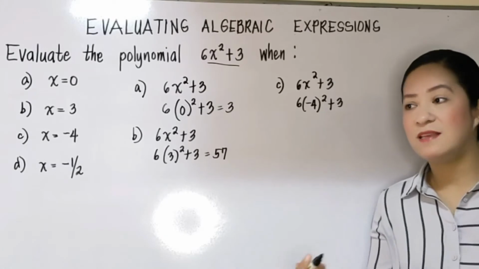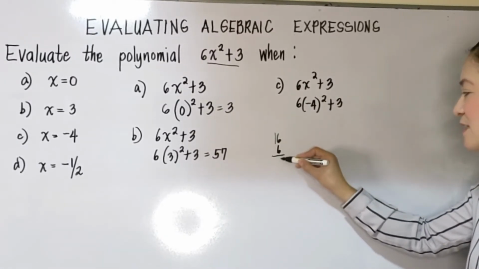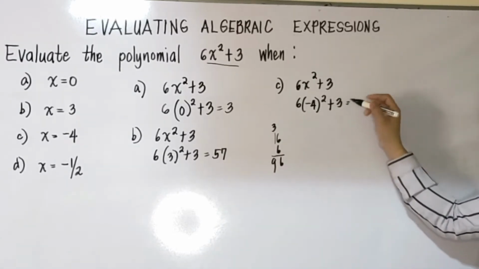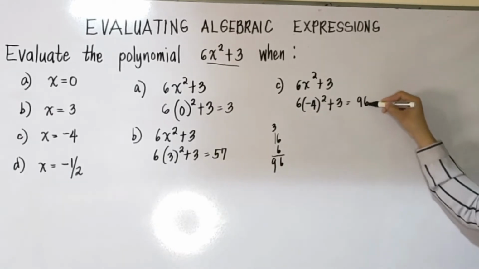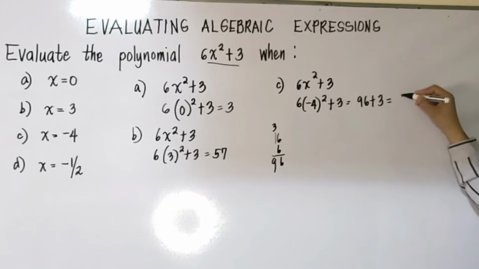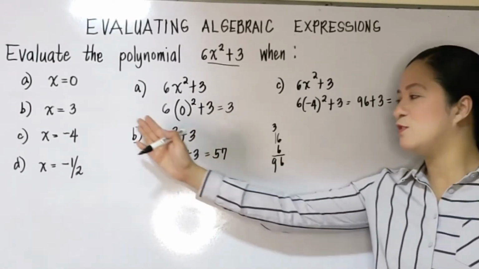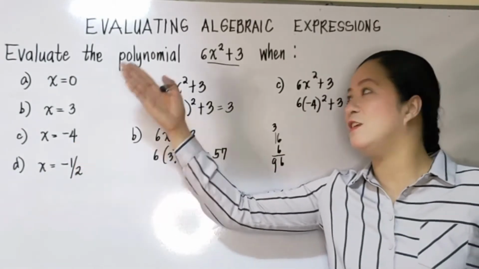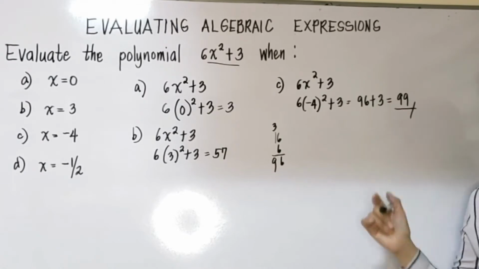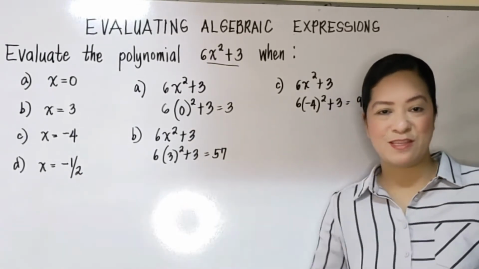Okay, come on, multiply 16 by 6. So 16 multiplied by 6, we have, alright, that is equal to 96 plus 3, which is equal to, alright, that is 99. So substituting negative 4 to the given polynomial, you will have 99. Okay, now the last value of x is equal to negative 1/2.